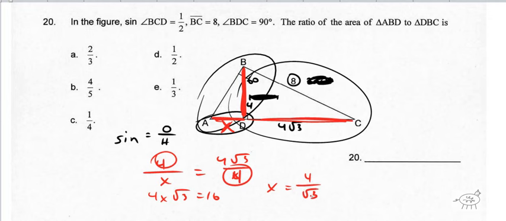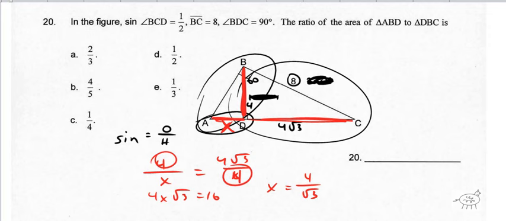Okay? That gives us all the information here. So you basically have to do the ratio now of the little triangle. We've got to find the area here.